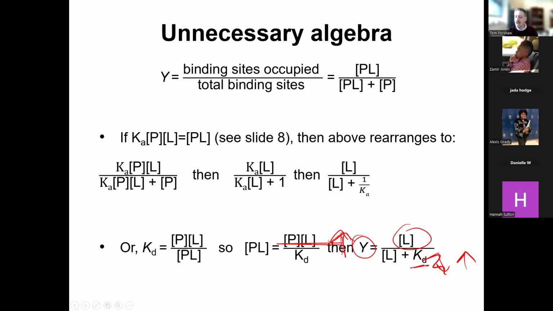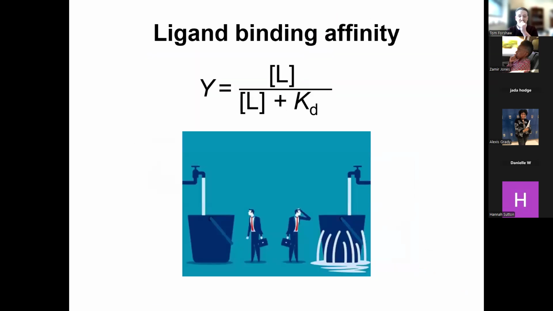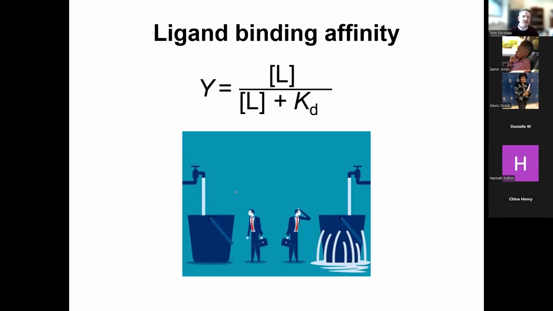I got a little picture that I think helps to draw it together. And I like to use this little picture here. And often this is what helps click it into place for people. If you imagine that the protein is a bucket and the ligand is some water that you're pouring into that bucket. And I'm sure it makes sense to you guys that if you want to fill up a bucket, you've got to pour water into it.